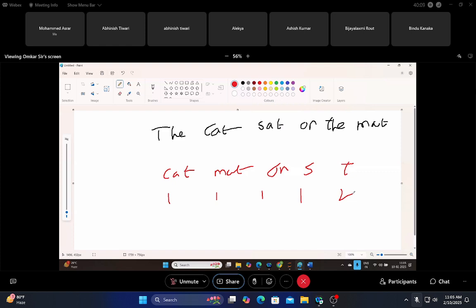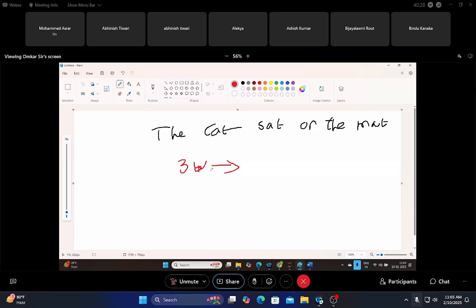So they created an embedding vector the same way, but with a neural network approach. They trained with so much data, I think almost 3 billion words, or 3 million, I think.